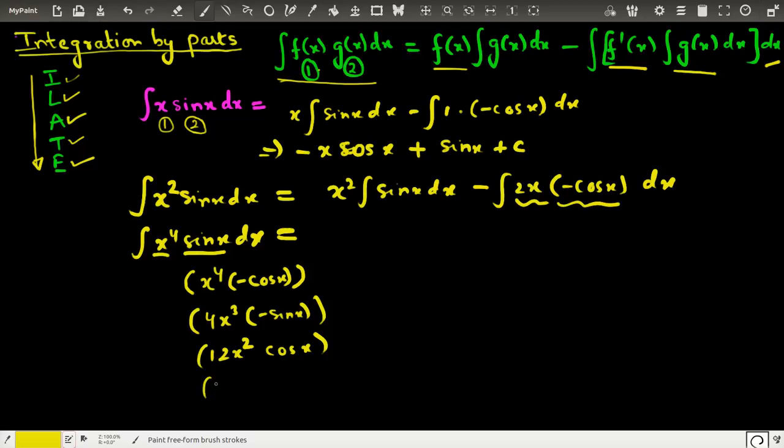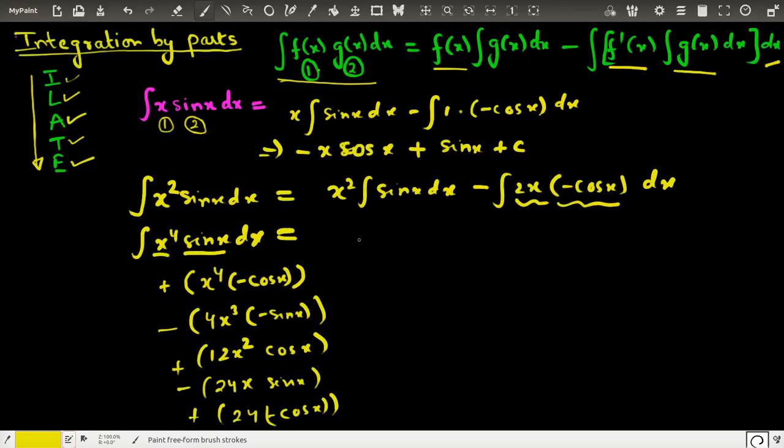Then differentiate the first function, it would be 24x, and integration of cos x is sin x. Then differentiate the first function, this would be 24, and integration of sin x would be minus cos x. Remember to keep the sign of the function separately. So effectively we have 1, 2, 3, 4 and 5 terms. Now put alternate plus minus signs and that's your answer.